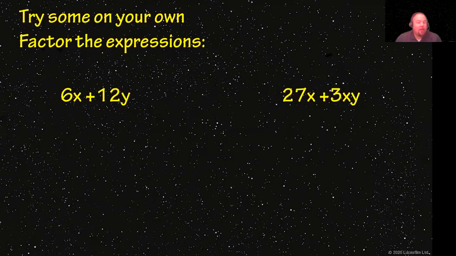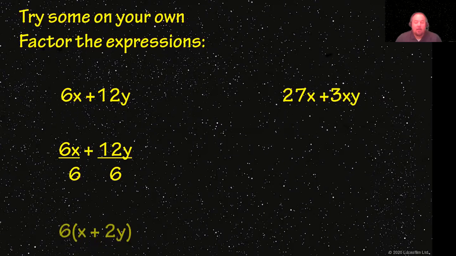So the first thing I do is divide both sides by 6. When I divide both sides by 6, that's going to leave me with x plus 2y, and the 6 goes on the outside of the parenthesis there. So I took out the 6, and it left me with x and 2y. And that would be the answer to that one.